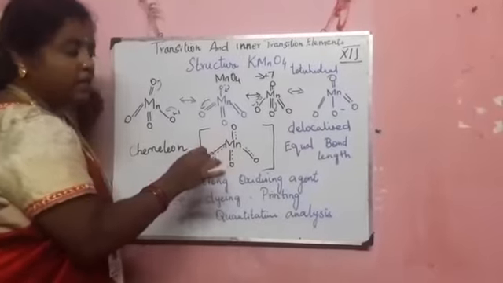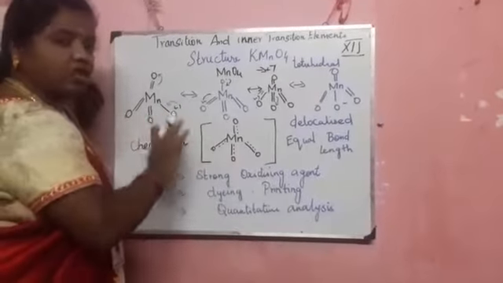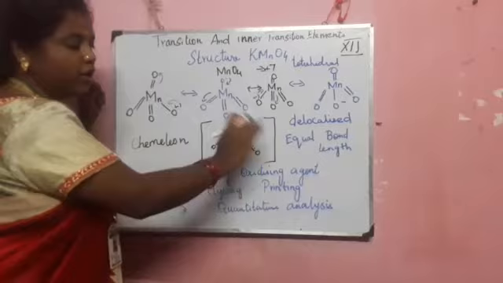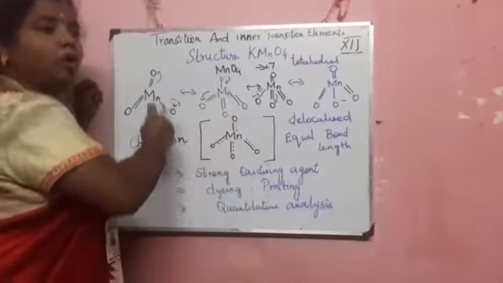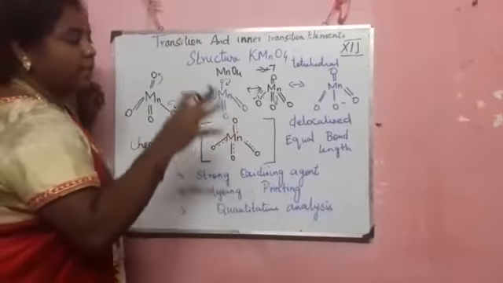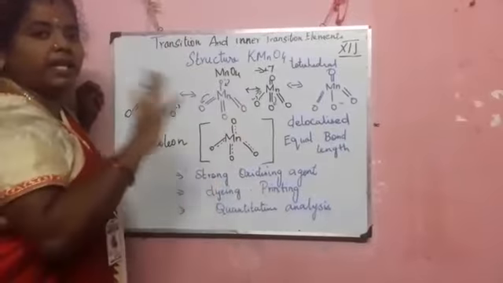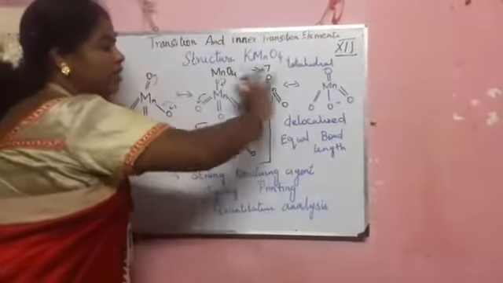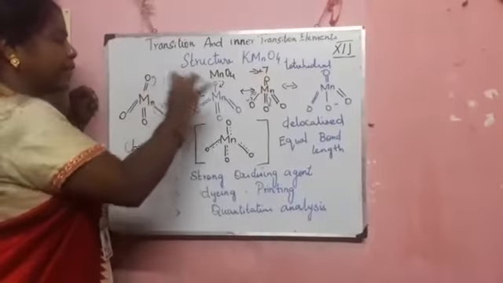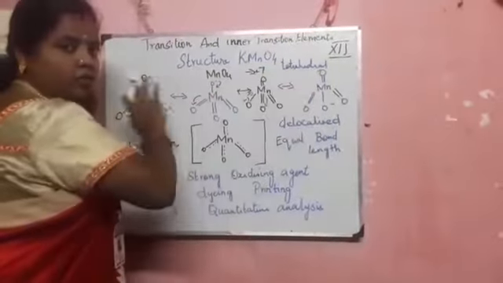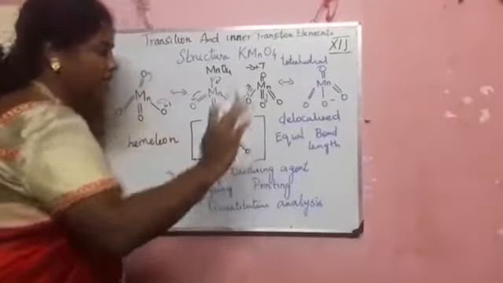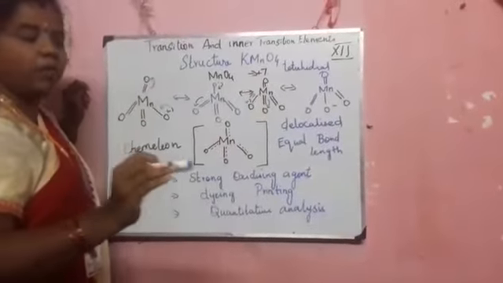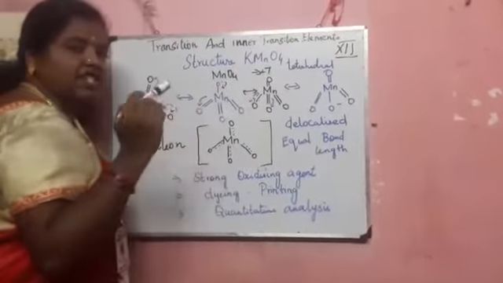The dotted lines indicate that it is delocalized because it takes place everywhere. The bond length is also equal because in the resonance structure the single bond shifts from one to another. That is why it is a resonance structure. So the bond length is equal, and the dotted line indicates it is a delocalized one.